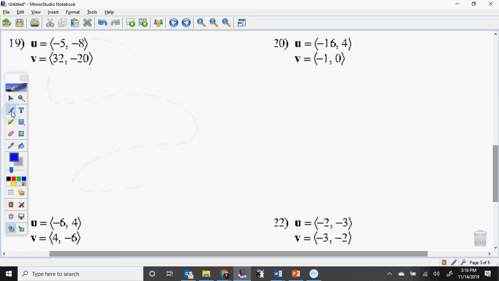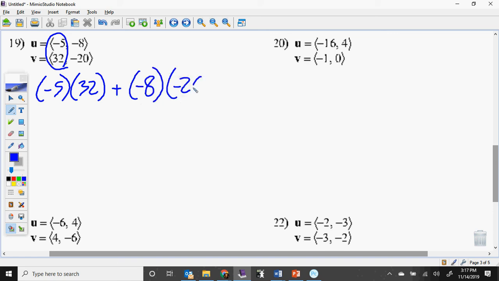So if it's not parallel, maybe it's orthogonal. Orthogonal, so dot product. If I multiply negative 5 times 32, I get negative 160, plus, because a negative times a negative is going to give me a positive over there, negative 8 times negative 20 is also 160, not 120.